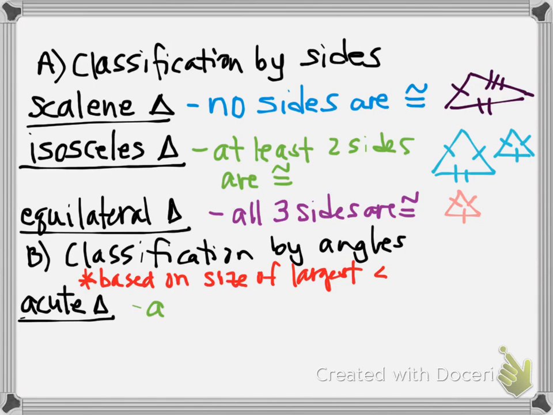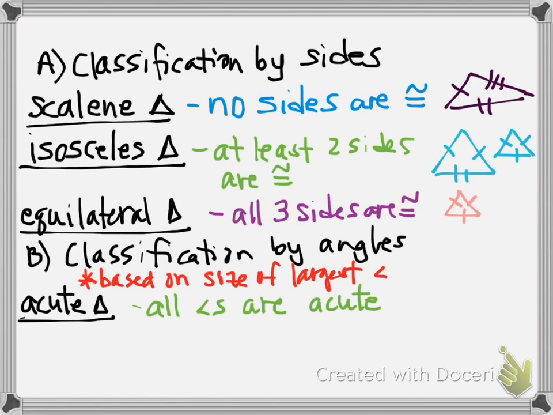And since the largest angle is acute, that means the rest of them have to be acute as well. So it's one word, acute. They're all acute. Cute little angles.